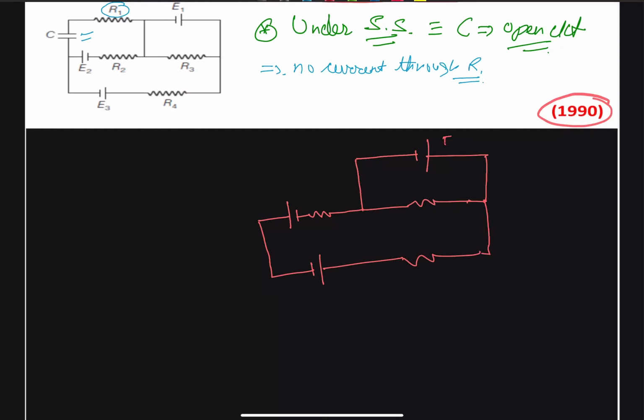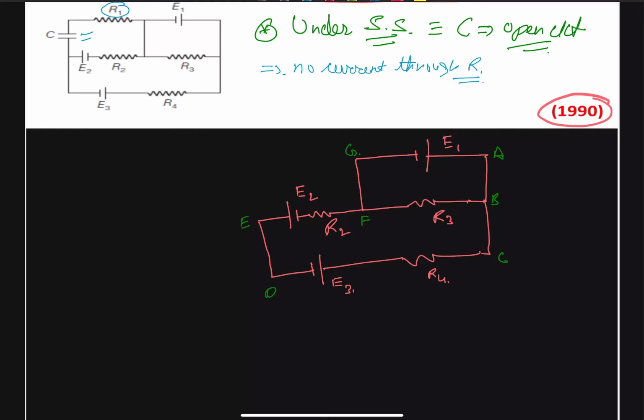So we have our E1, E2 and E3, R2, R3 and R4. And let us name all the nodes. We are going to use our Kirchhoff voltage law. So this is our A, B, C, D, E, F and G.